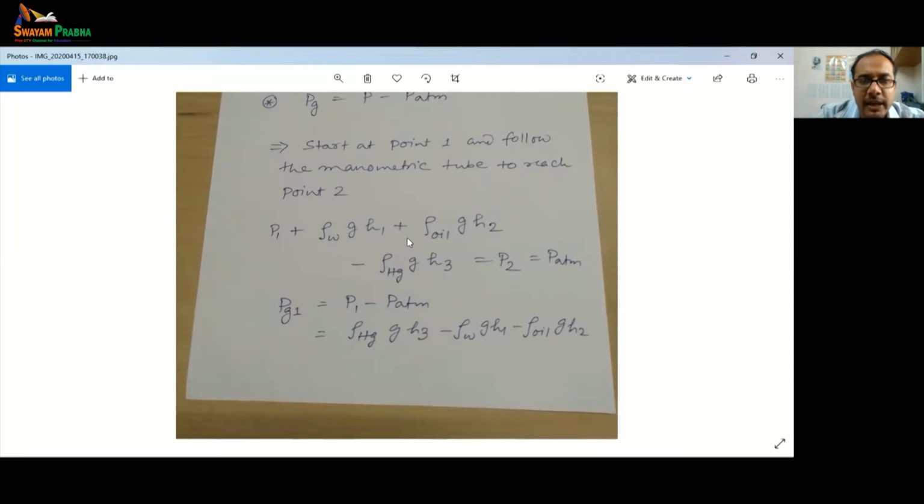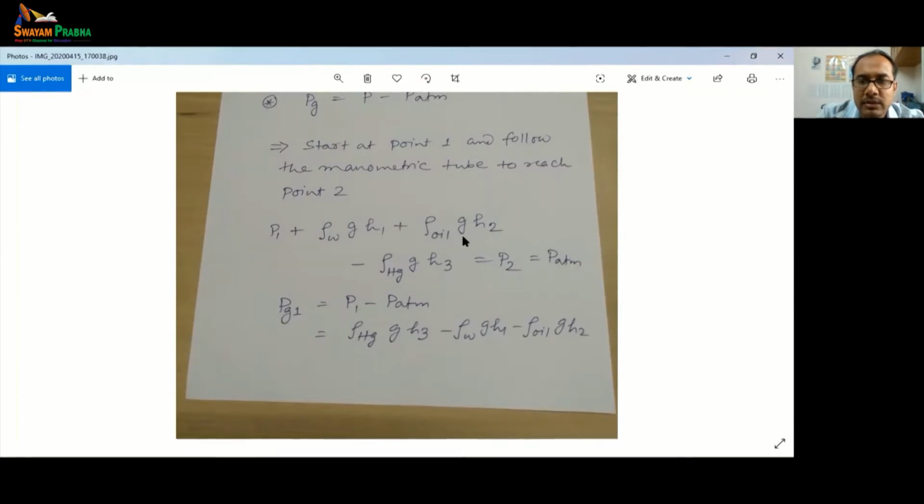And again for the oil column also, we are going deeper with respect to the point where the oil column starts. So again we will have a positive sign here, and now to get the pressure increment, we have to use rho of oil because the column is now made of oil.